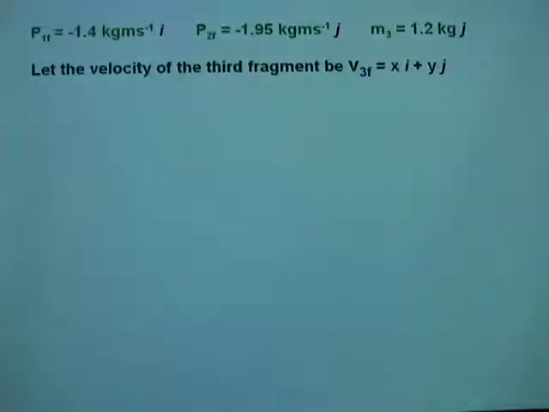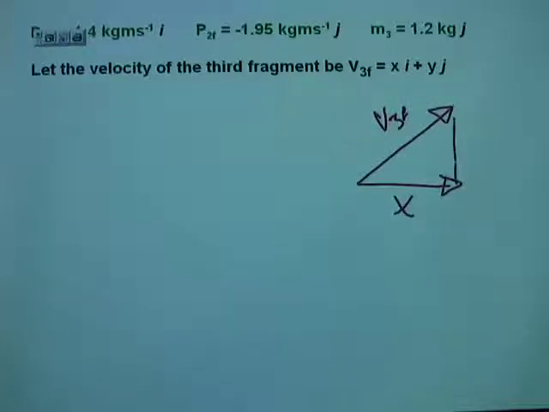I hope you understood what this is about. If you remember, this is the v3f that we have drawn. Its x component, we are simply going to call it x. And the y component, we are going to call it y. We need to find these x and y.